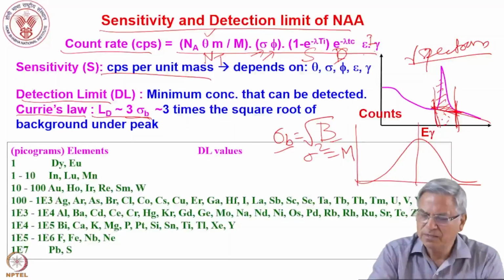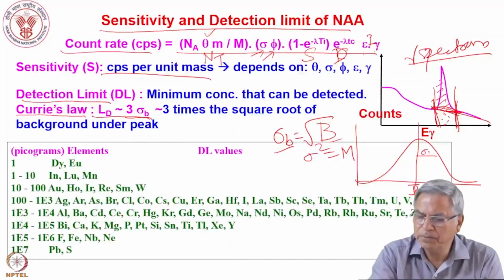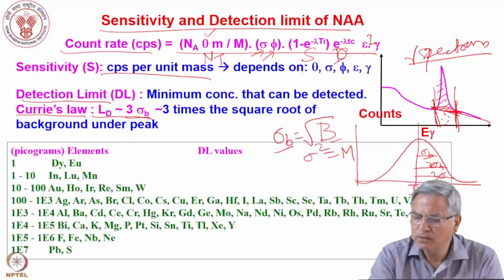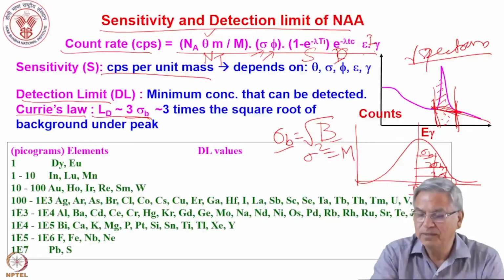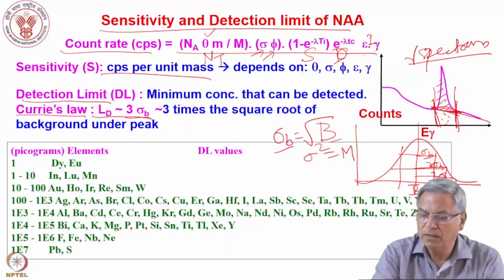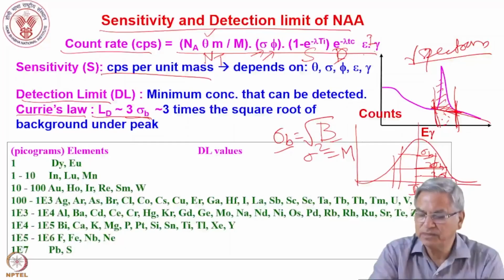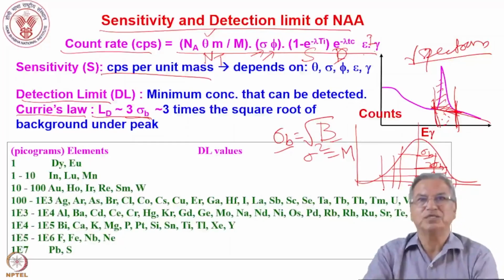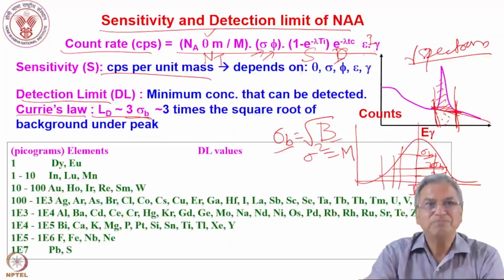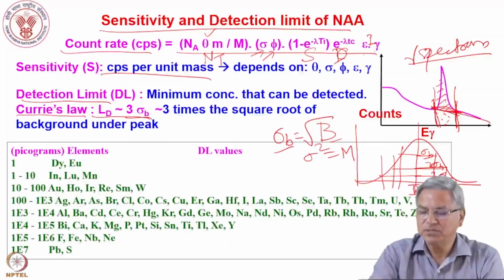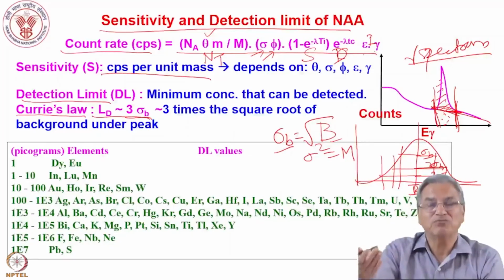This is the mean background counts, and this is the 1 sigma B. You have 2 sigma and you have 3 sigma. These correspond to different confidence levels. This is called 68% for plus minus 1 sigma, 95% and 99%. So 99% of the time, that means your sample contains that particular element.